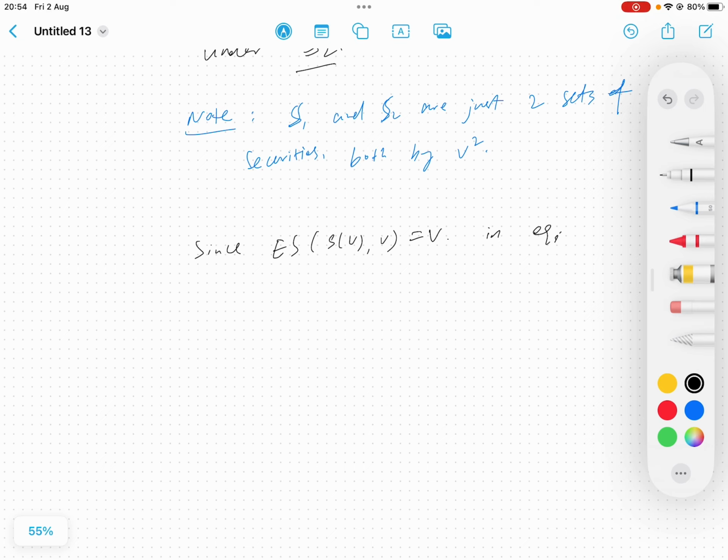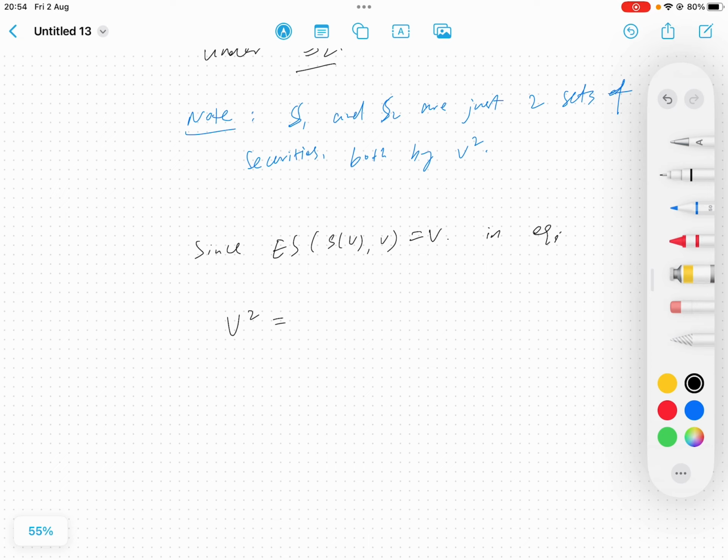It doesn't matter what the bidder is using, whether it is equity, debt, or call option. In any kind of securities, this value should always be the same, which is this V2. So now we're looking at V2 here.